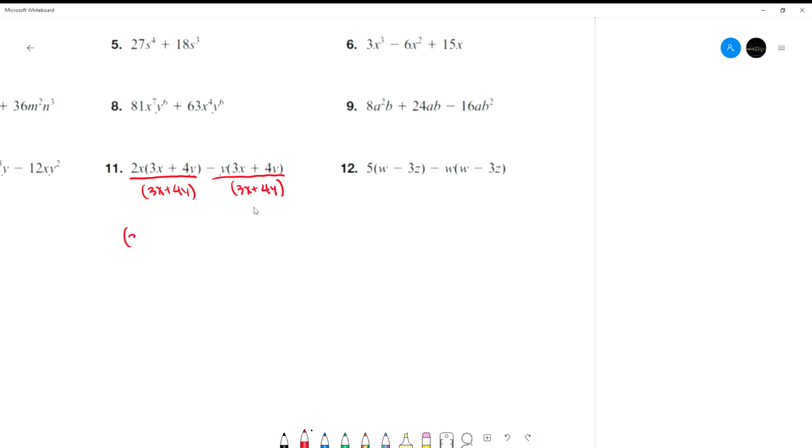So that means GCF 3x plus 4y times, what's our first term here? What do we get? We get 2x, right? Do you all see the 2x? Because 3x plus 4y cancels out. We have 2x left over. So 2x. And then in the second group, what do we have? Negative y. So that's the answer.